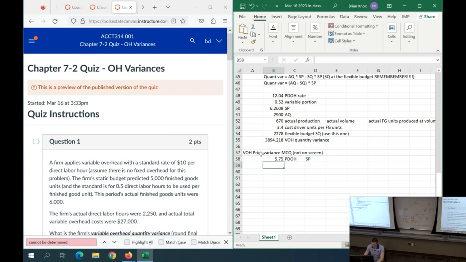And then 590,000 is the actual finished goods production, and that's direct labor hours per finished good unit. So that's our standard quantity.